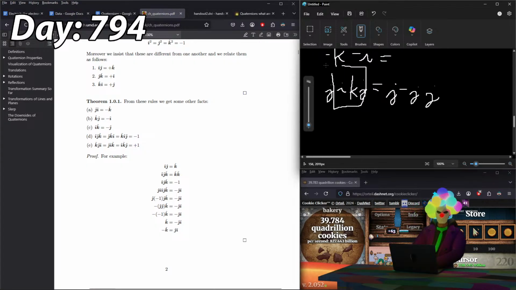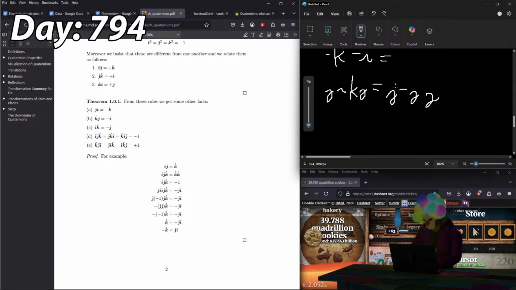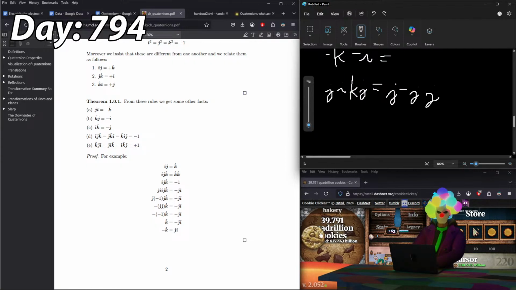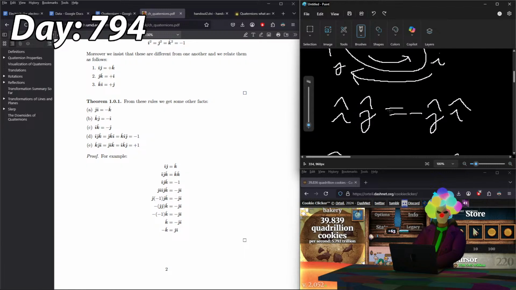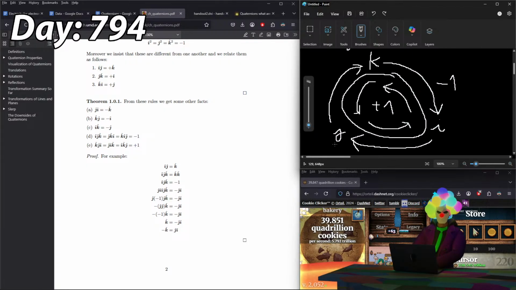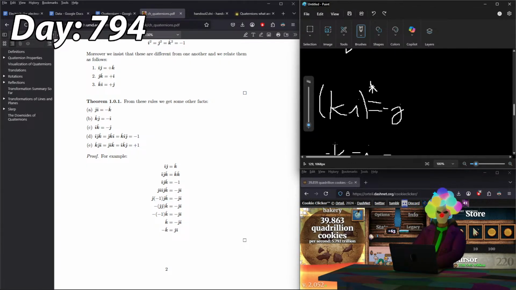Wait, we can package this, can't we? I'm an idiot. Once you have three quaternions, J times J equals -1. Yeah, but what about negative J times J? That changes the story. IKJ, we can package this. KIJ is -1.